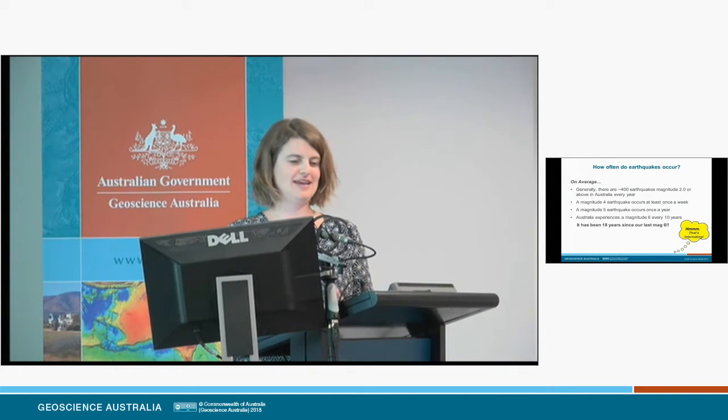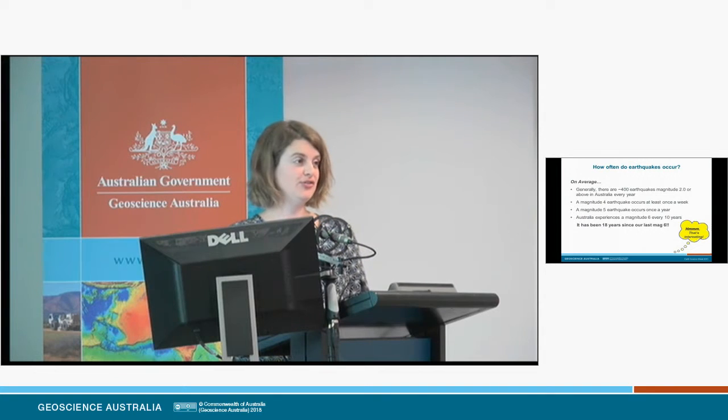But earthquakes are based on averages as well, so what we get in one year doesn't always reflect what we'll get in the following year. Generally around Australia we'll get about 400 earthquakes above magnitude 2 or so every year, and last year well exceeded that.